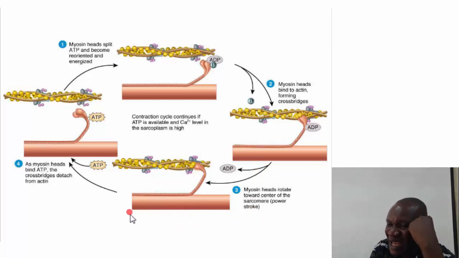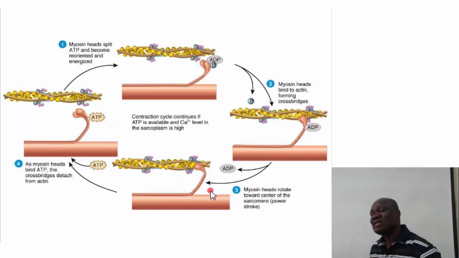Next, ATP will bind to the myosin head. When ATP binds to the myosin head, the affinity of the head for actin decreases, so the head will detach from the actin filament. Then the ATP will be hydrolyzed to ADP and inorganic phosphate, and the process will continue, as long as ATP is present in the skeletal muscle.